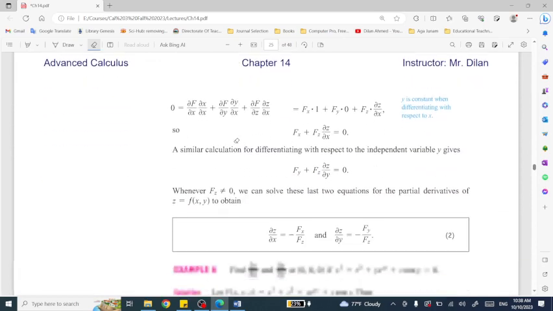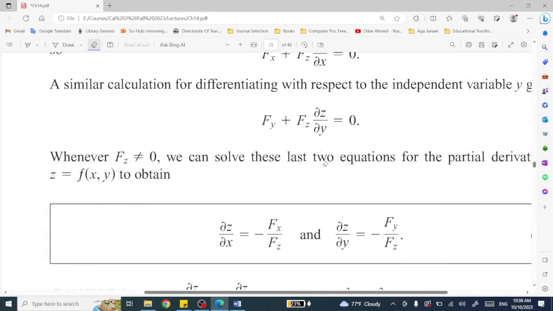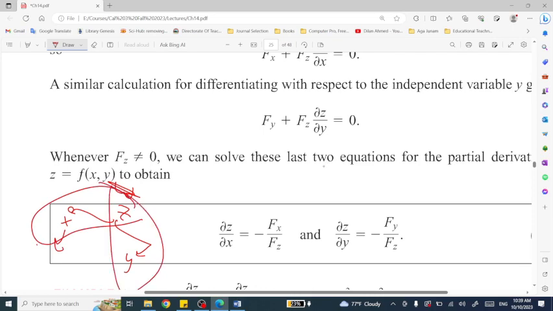If your function, your z, depends on x and y, and you try to find implicit partial derivative by x or by y, here's the way.